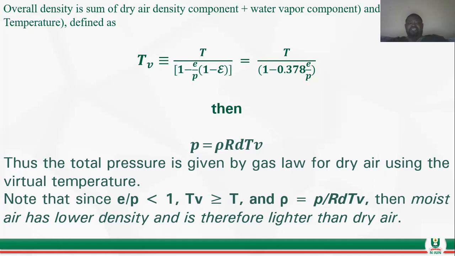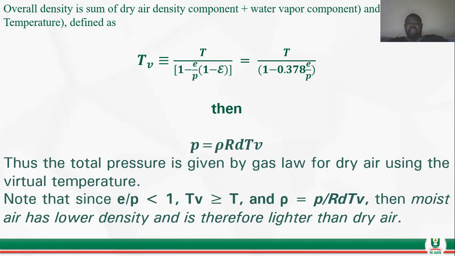Note that since e over p is less than 1, T_v is greater than or equal to T, and rho equals P over R_d T_v. Now, from the equation of the gas law for dry air, if you make rho the subject of the formula, you divide both sides by R_d T_v, and then you have rho equals P all over R_d T_v.